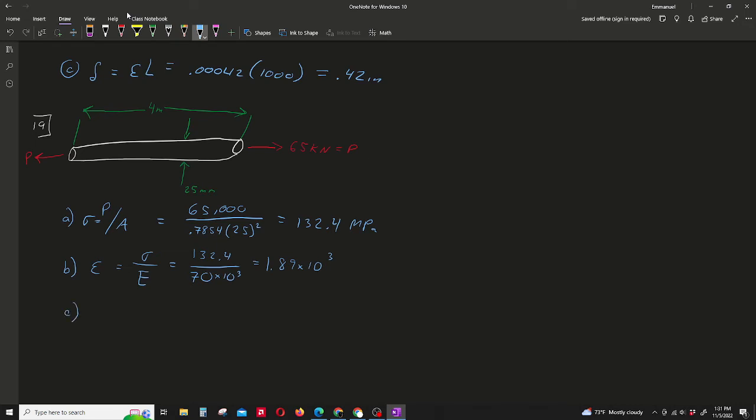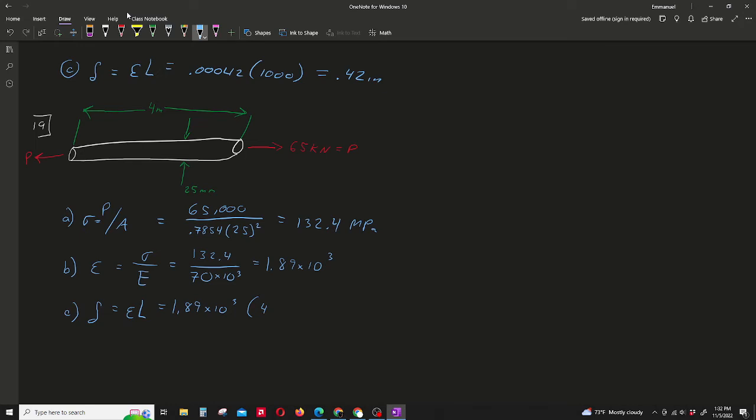And then we get 1.89 times 10 to the third value there, times the total length, which is the 4 meters.